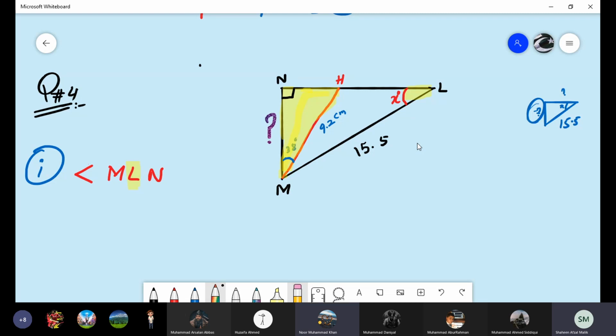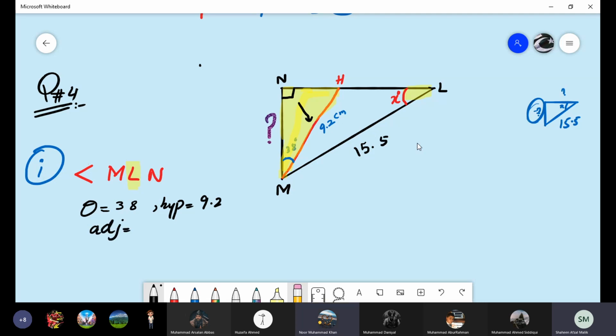Yes, ma'am. Very easily. Why? Because if you focus on this colored triangle, the angle is given, that is 38. Then the hypotenuse is given, that is 9.2. So can you find out the adjacent?